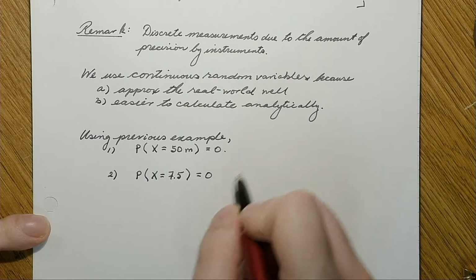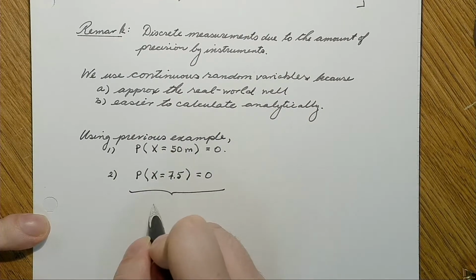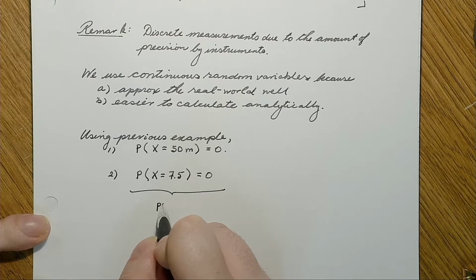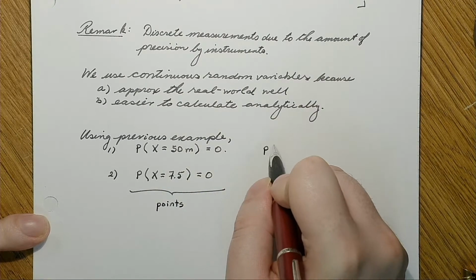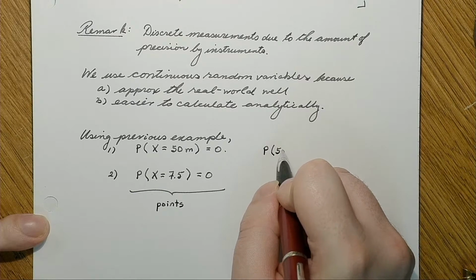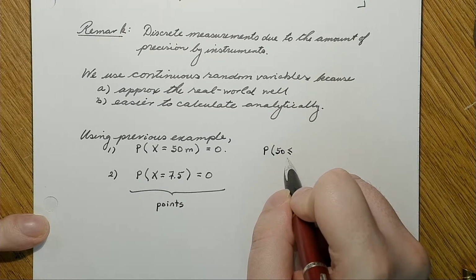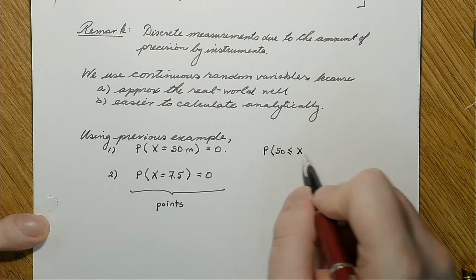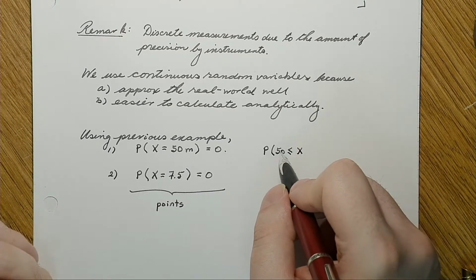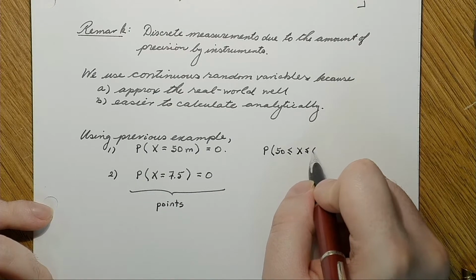These are points. And over here, this would make more sense: what's the probability that the point that we're sampling in the lake is between 50 and say maybe 60?